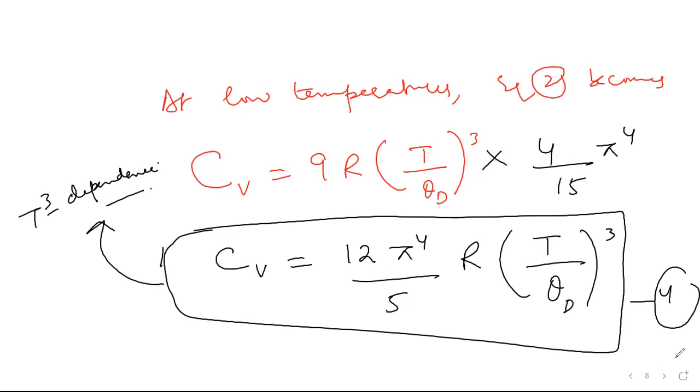I repeat, the Debye model has success in predicting the T cube dependence of heat capacity at low temperatures, but this is also an approximation, and that approximation lies in assuming the continuum dispersion relation to hold true for all possible modes of excitation. So this is all for today.